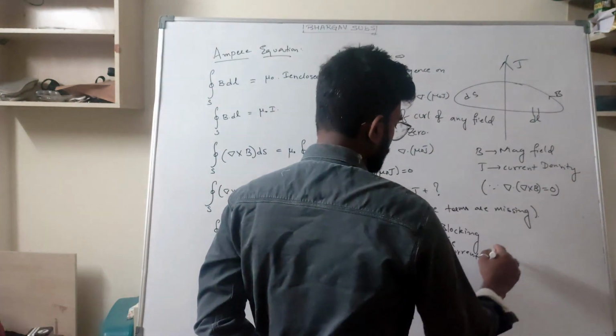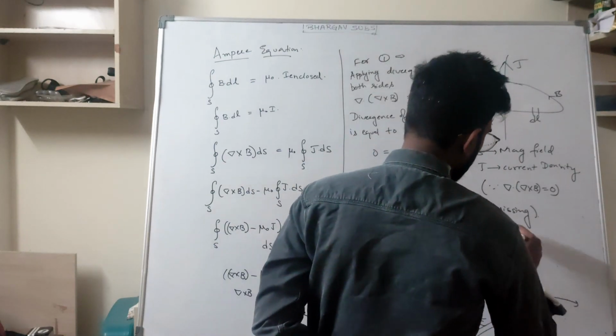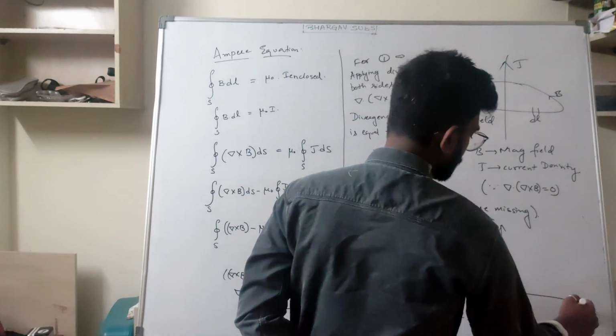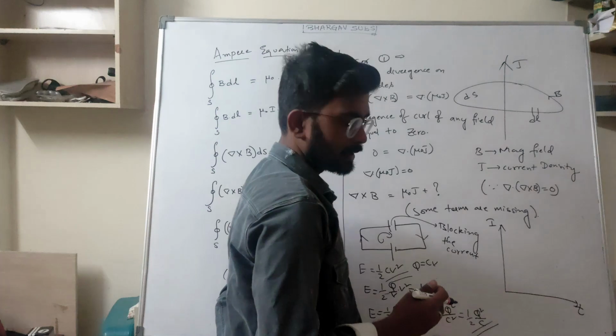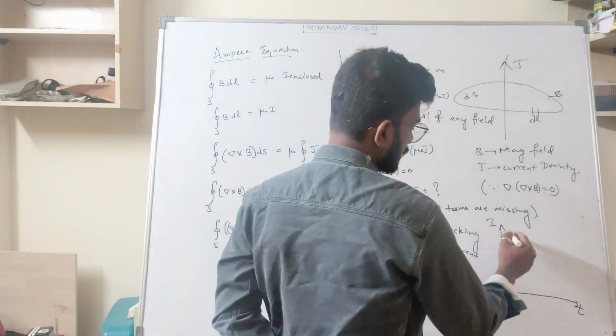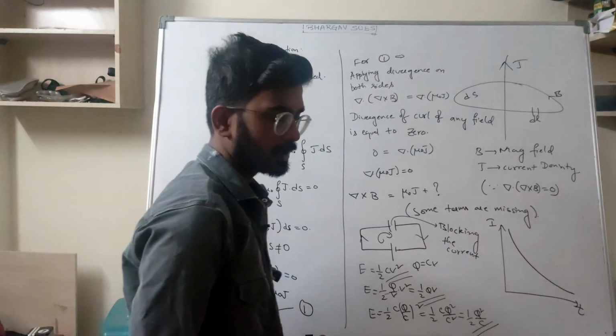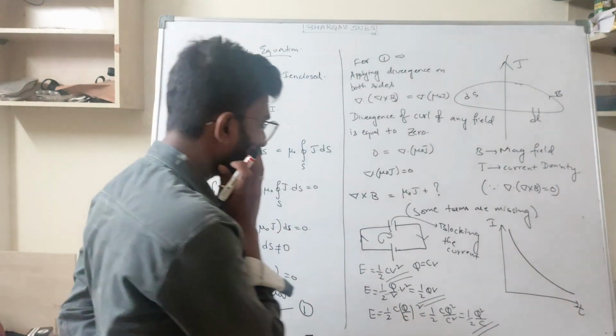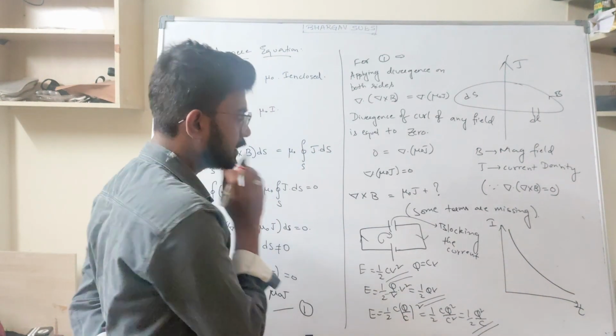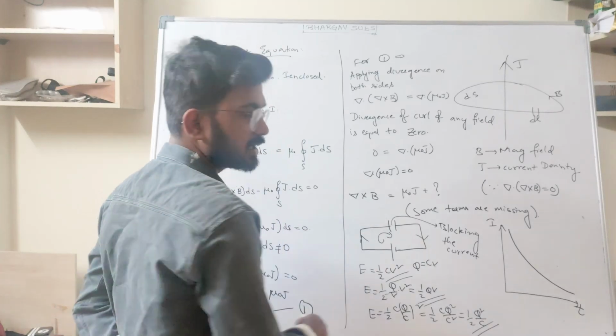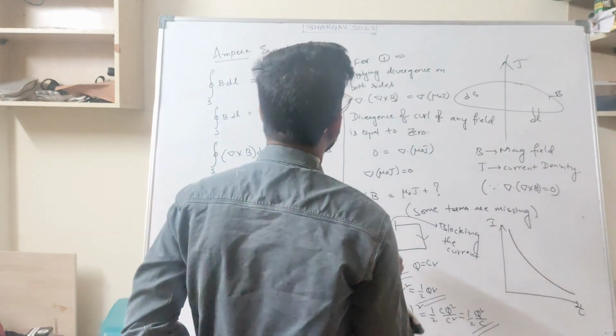So if you draw a graph, while time was moving, the electric current was decreasing in the capacitor, right? So I can say the electric current is not only due to the static electric field.